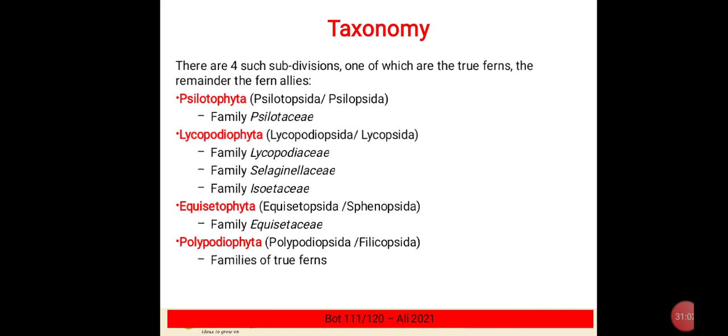In the case of Coelentophyta, we have the family Coelentosae. In Lycopodiophyta, we have the three families, the first one being family Lycopodiaceae. In Equisetophyta, we have the family Equisetaceae. And in the Polypodiophyta, we have the true ferns, family Polypodiaceae.